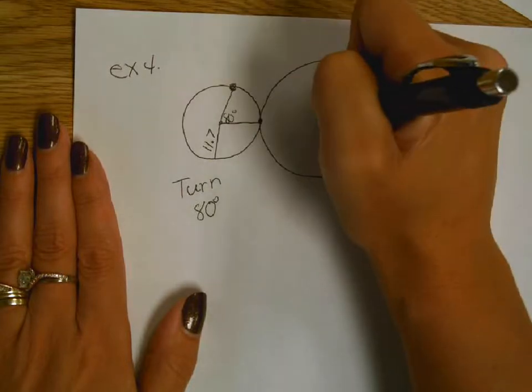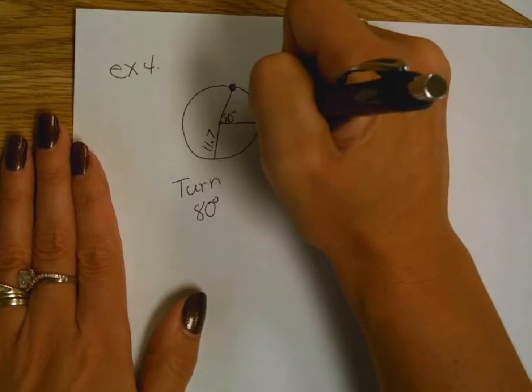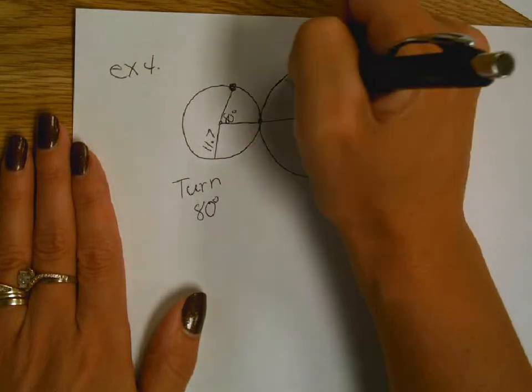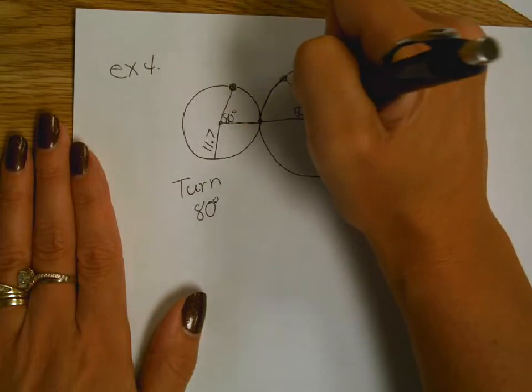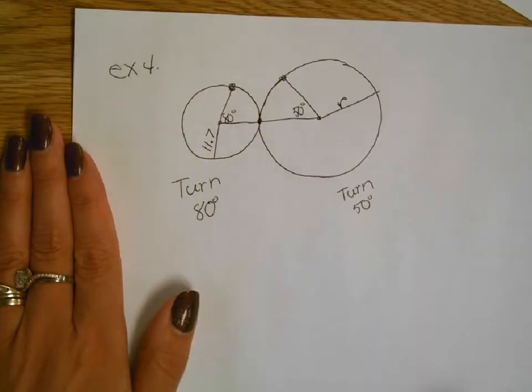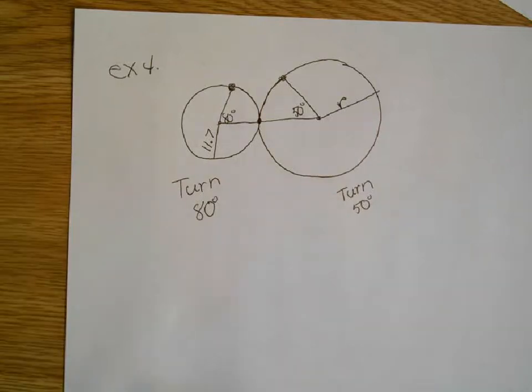So this point goes up to about the 50-degree spot. And our goal is to find the radius on the bigger one. Any ideas how we can attack this problem?